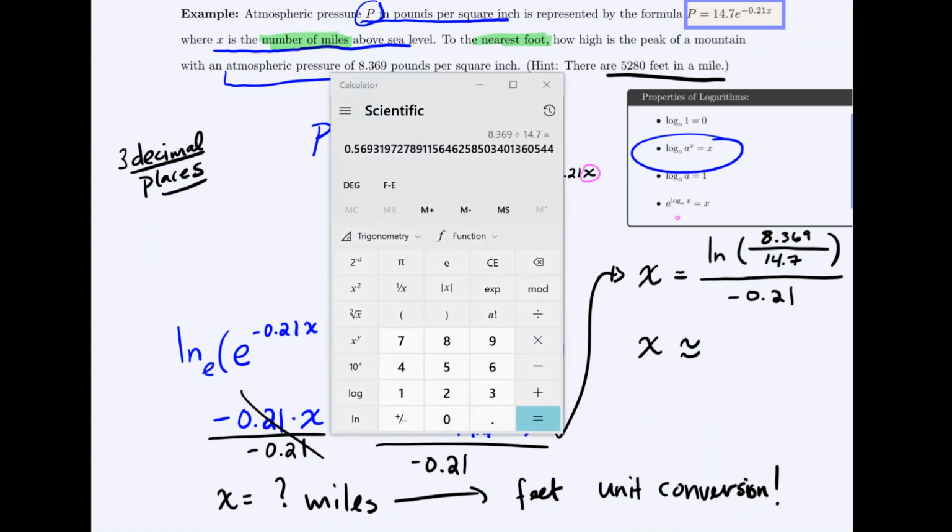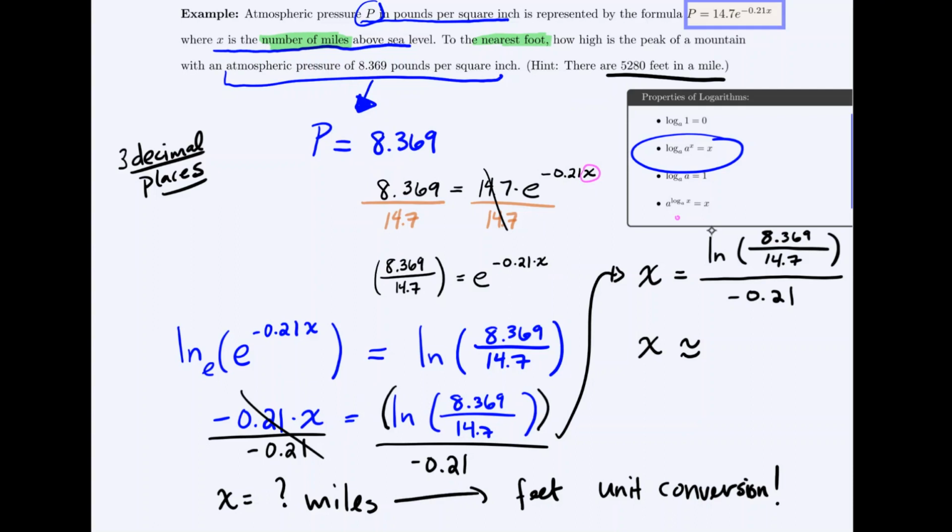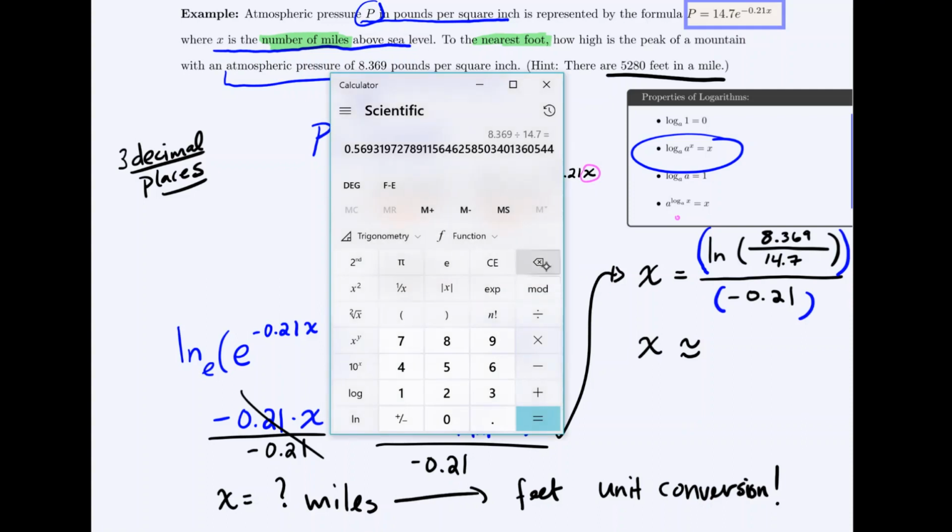So whenever you type a fraction into your calculator, if you're doing it all at once, be sure to keep the top of the fraction in parentheses, the bottom of the fraction in parentheses, because if it's not typed in correctly, the fraction will give you the wrong value. Now, in my calculator, I have to type the input first and then natural log, but yours is probably the opposite.